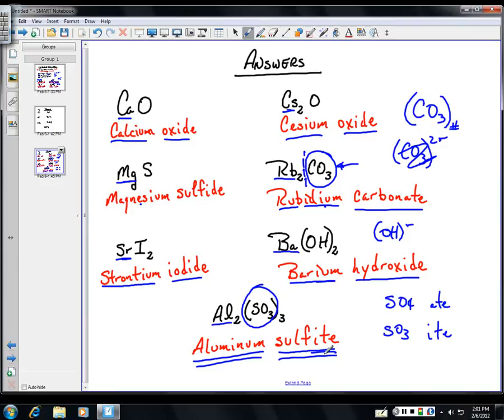All right. So now that you've reviewed that, now that you have a good handle on how to do that, you've got a practice worksheet in which you have someplace probably between 8 and 10 of these to practice on. So find the sheet that has group 1, 2, or 3 metals and an anion and go through that practice.